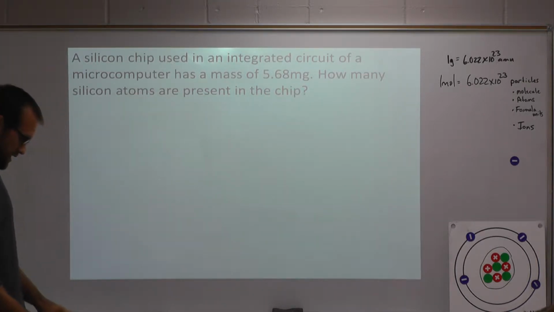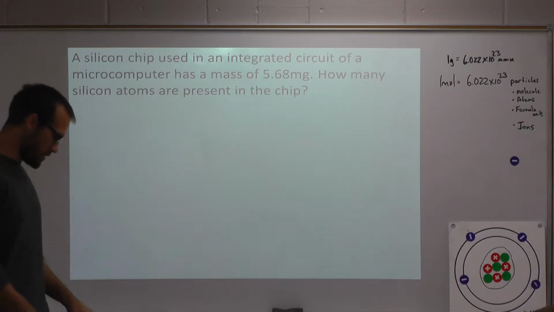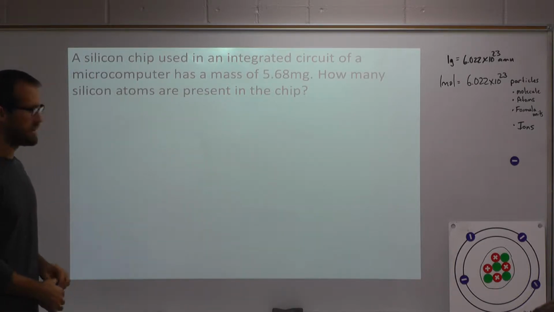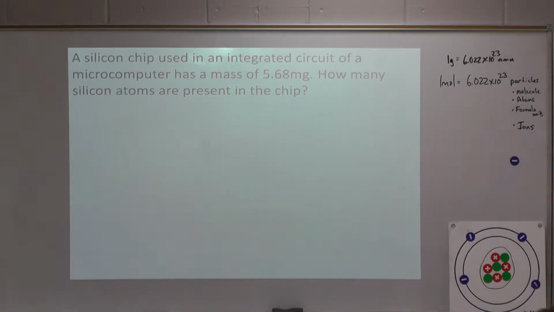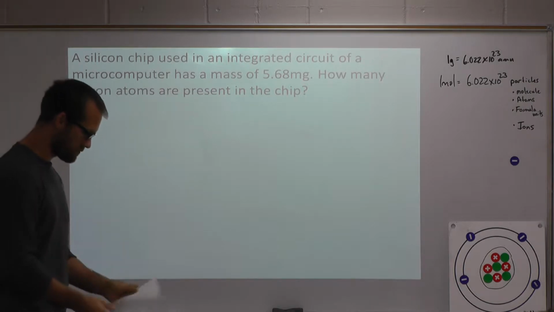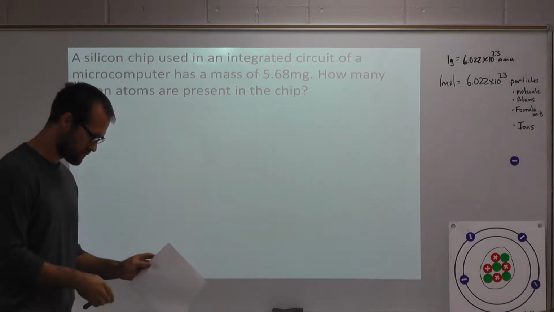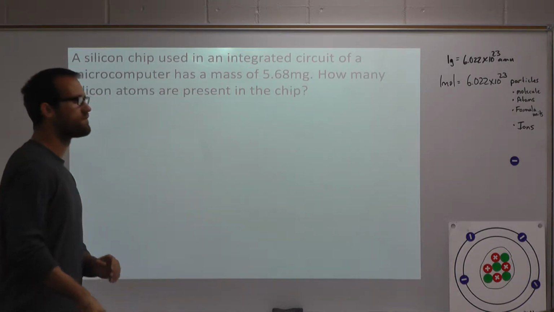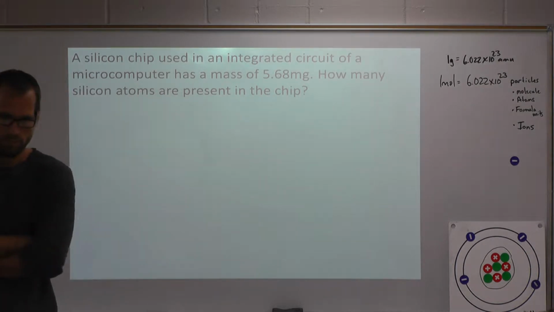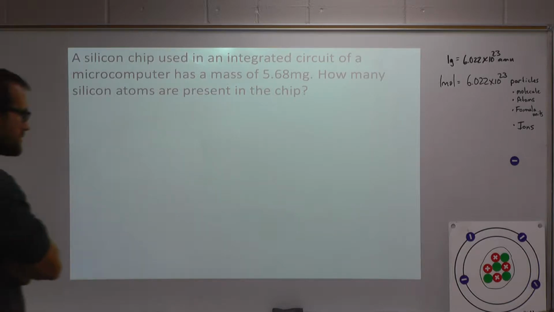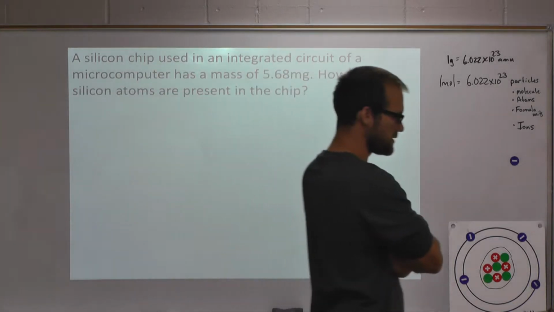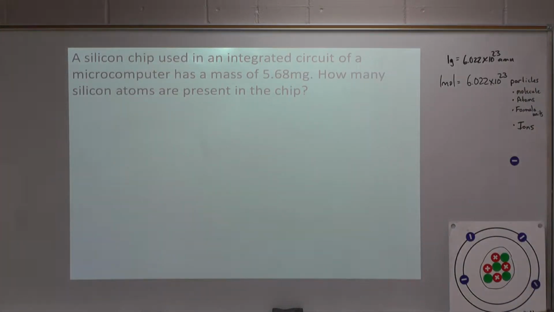This one is just like the previous one, except for one additional pre-step. I'll let you guys do this, and then I'll just give you the answers, and we'll move on. Essentially what we're computing here is, if we know the mass, we can figure out how many atoms.